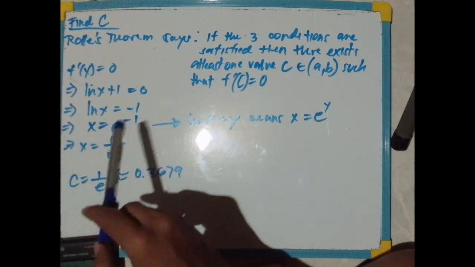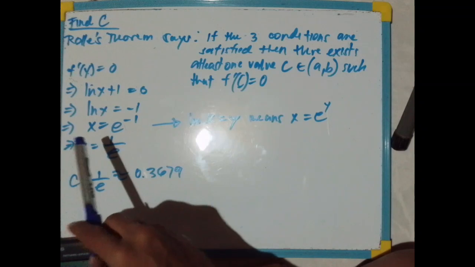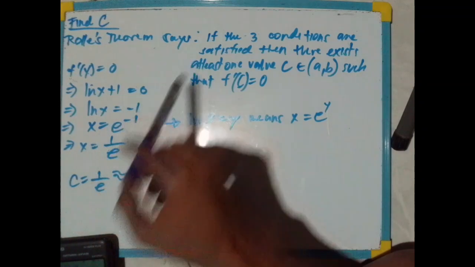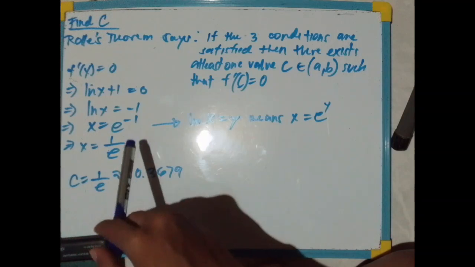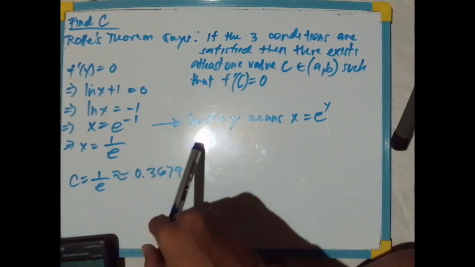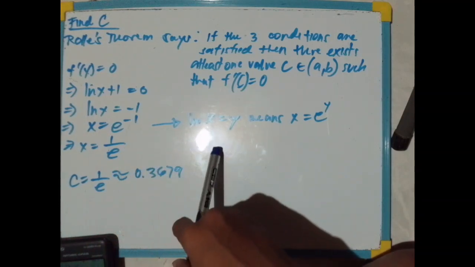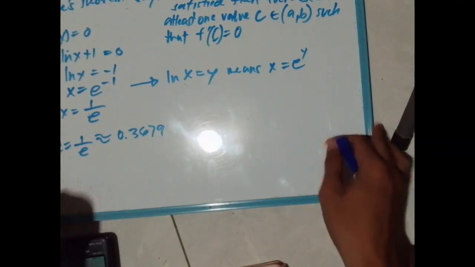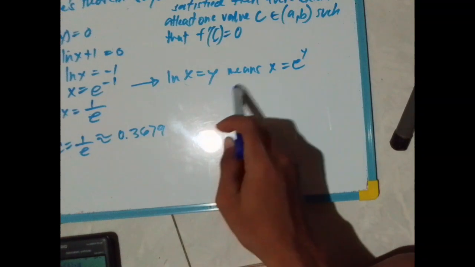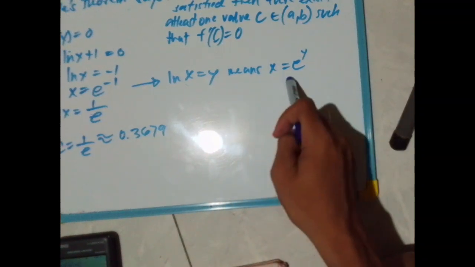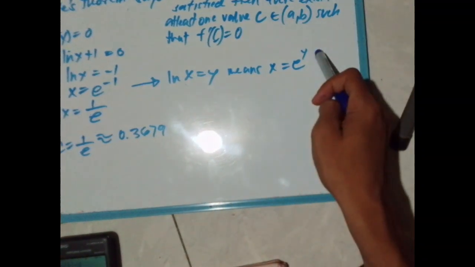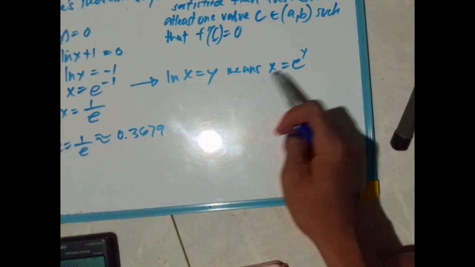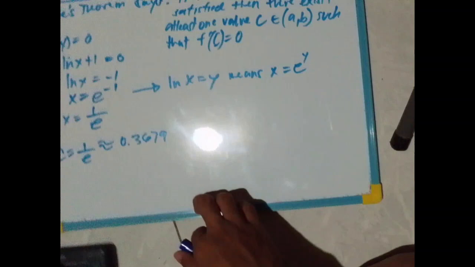And finding the value of x, we have x equals Euler's number, or e raised to negative 1. The explanation for this is the definition of the natural logarithm: ln x equals y means that x is equal to e raised to y. So the natural logarithm and exponential are just inverses.